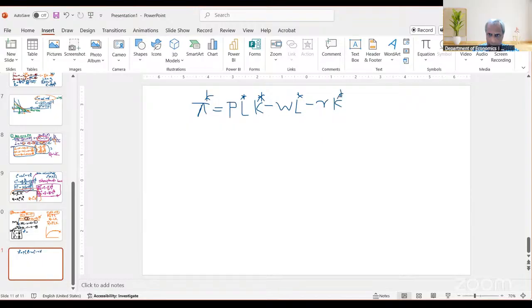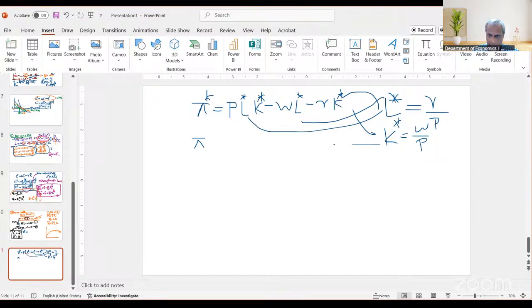So when you plug in what we found, L star, K star, ultimately you get the maximum value profit function. You plug those here, here, and here.